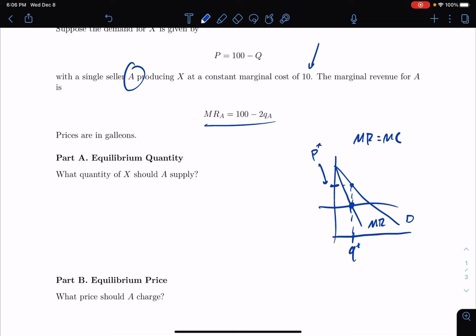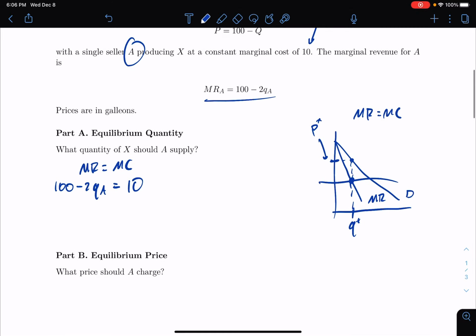So to do this, all we have to do is set MR equal to MC. And we know MR is equal to 100 minus 2QA. And MC is equal to 10. Okay.